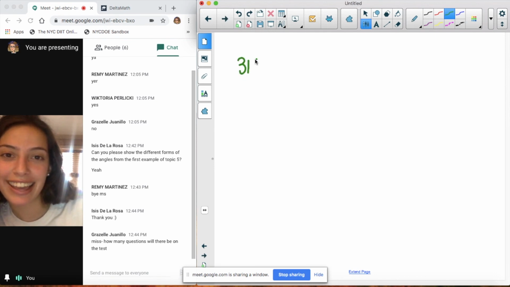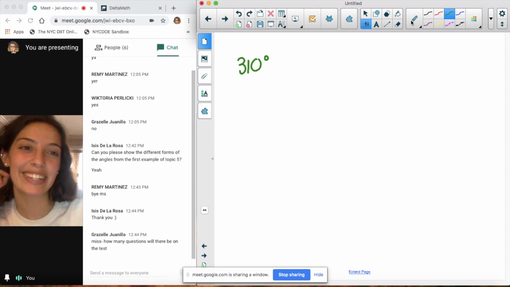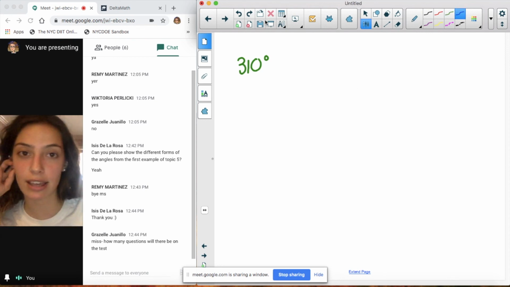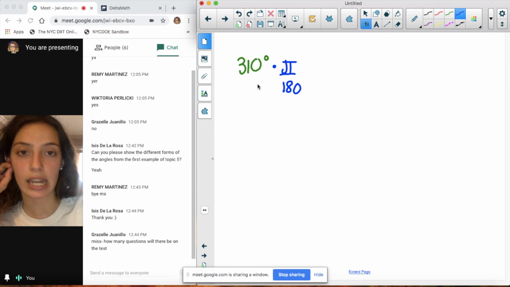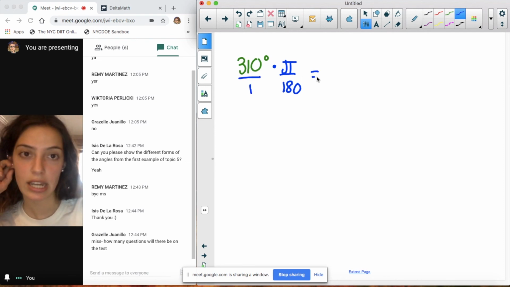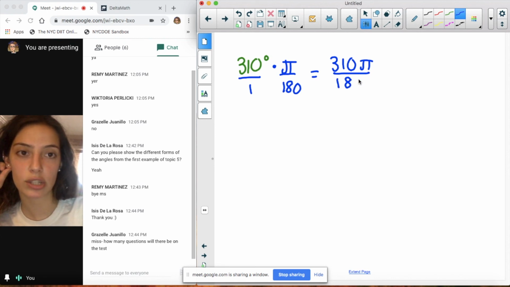So let's say we had 310 degrees and we wanted to change this from degrees to radians. What we would do is multiply it by pi over 180. So we could treat this as 310 over 1. Then we would do 310 times pi, which is 310 pi, and then 1 times 180 is just 180.